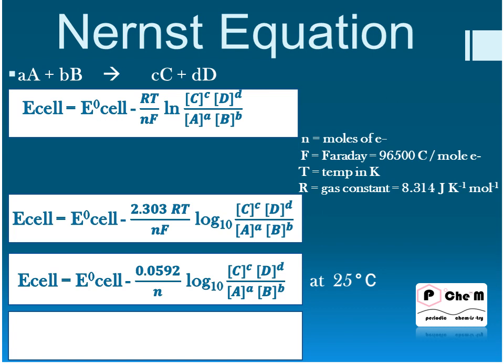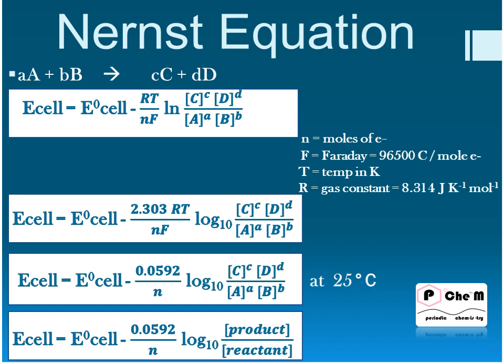Remember, the temperature here is 25 degrees Celsius, which is converted into Kelvin. So whenever the temperature is given as 25 degrees Celsius, we can directly use this third formula. In general, we can write this equation as E cell is equal to E naught cell minus 0.0592 upon n log to the base 10 of the concentration of products divided by the reactants.